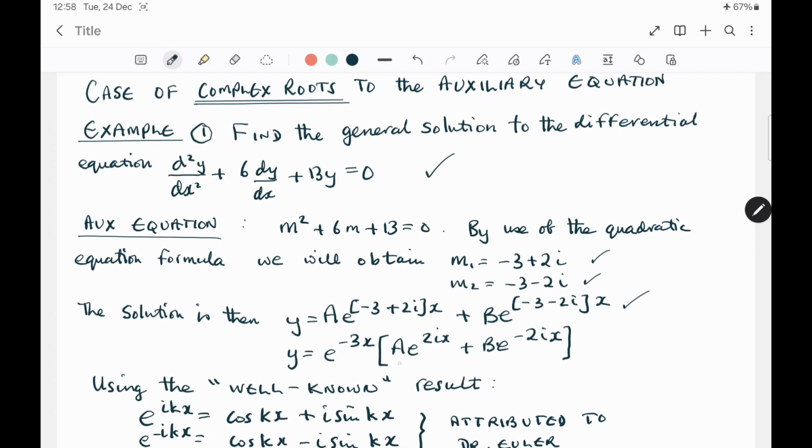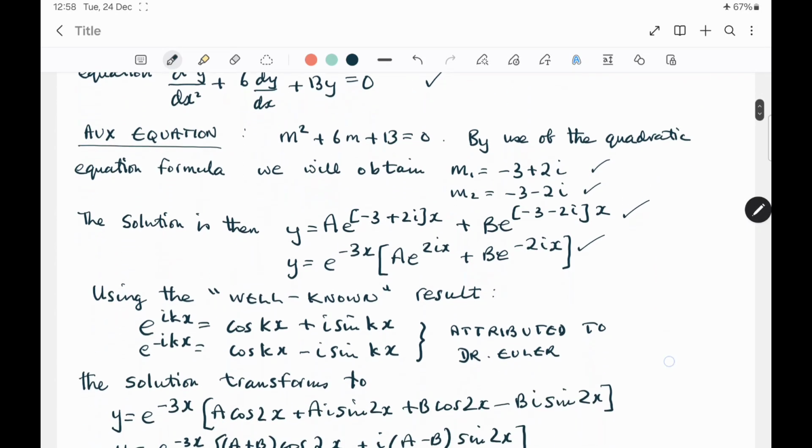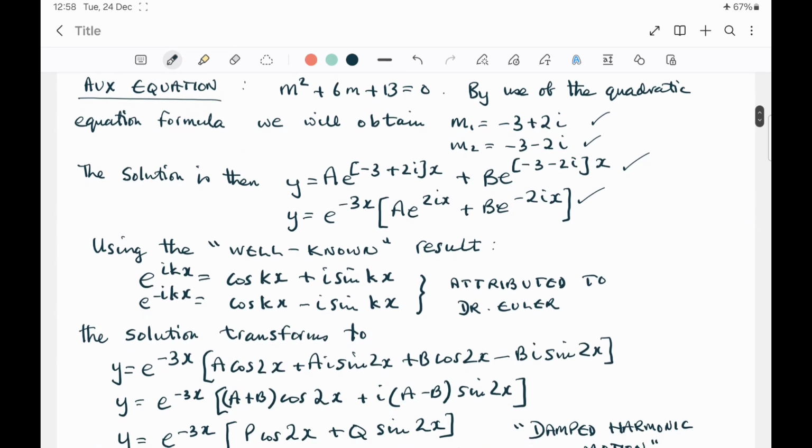What's left inside the bracket will be a e to the power 2ix plus b e to the power minus 2ix. Now I'm going to use a well-known result, which most of you will be familiar with, I hope.